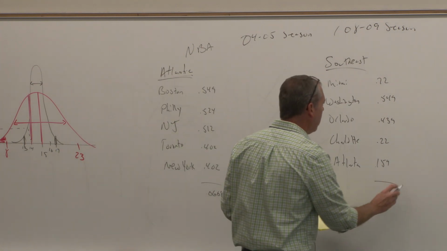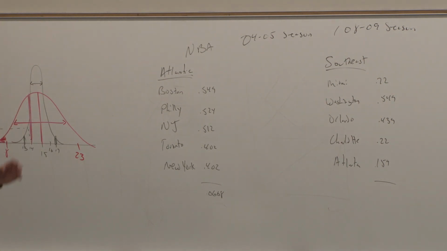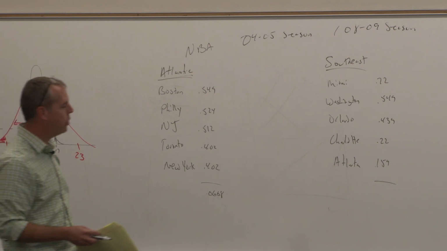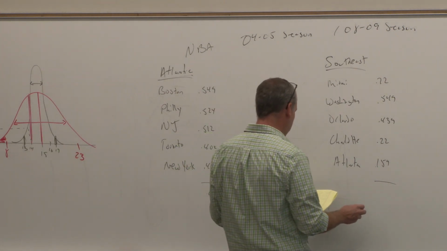Over here, same thing: 0.72 minus 0.5, square that, plus 0.549 minus 0.5, square that, plus 0.439 minus 0.5, square that, plus 0.22 minus 0.5, plus 0.159 minus 0.5, square all that.